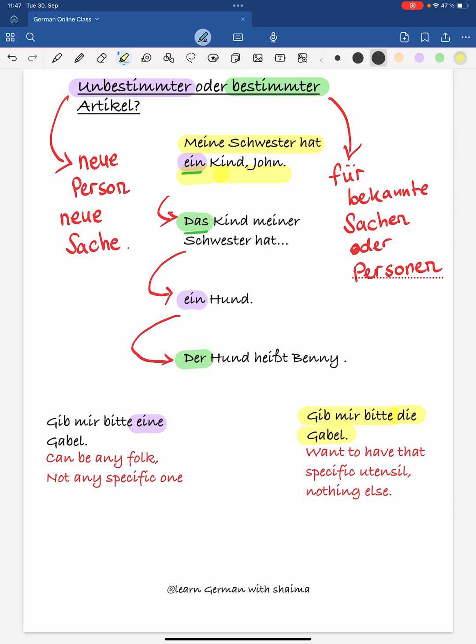But if you say gib mir bitte eine Gabel, it can be any fork, any utensil, so it's not specific. Whenever you are talking about a specific one, you have to use bestimmter Artikel. If it does not matter which one, then you use the unbestimmter Artikel.